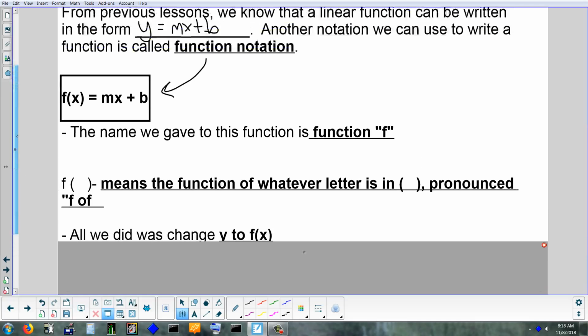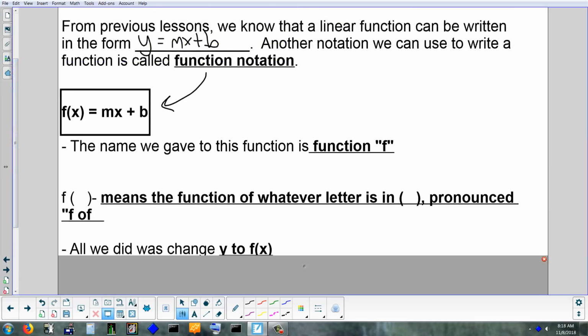So if I look at, like I told you, the formula we've been working with, y equals mx plus b, and I look at the function we're going to be using today, the only thing that changed was the y became f of x, or the y could become g of x. So the y became the letter, whatever letter, with an x in parentheses.